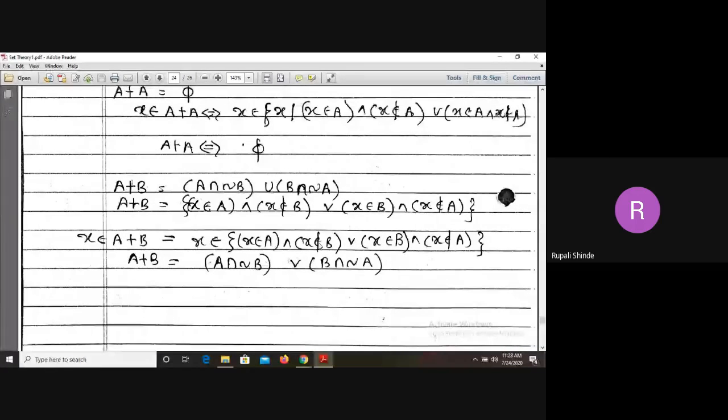Because that element does not belong to B. That's why negation B. Union, or you can write any symbol, B and x does not belong to A. Does not belong to A means negation of A. That's why B intersection negation of A.